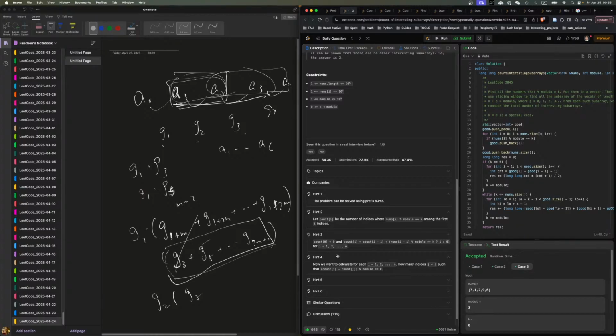So there could be a counter, right? We can have a counter for the value. So we check count I minus k. We see how many have that. Then we do that, okay?